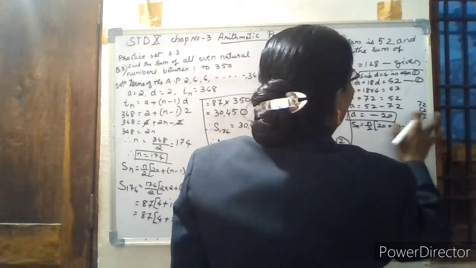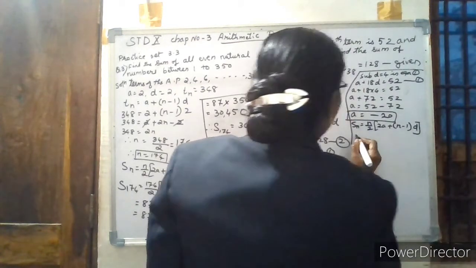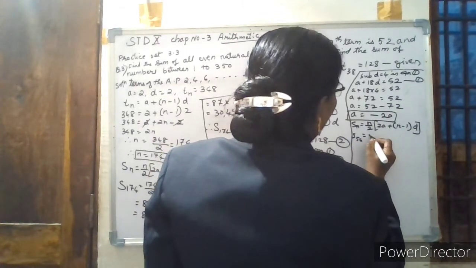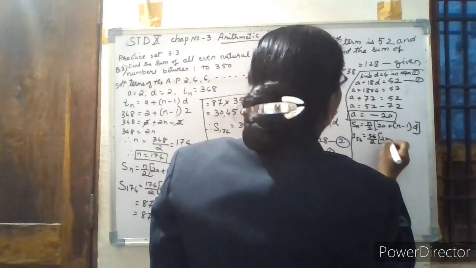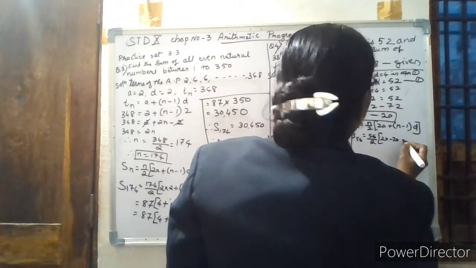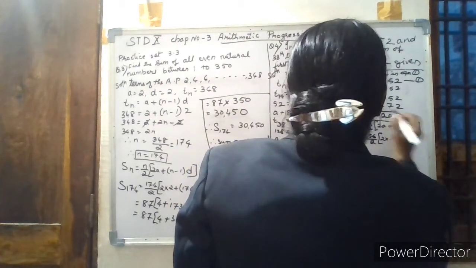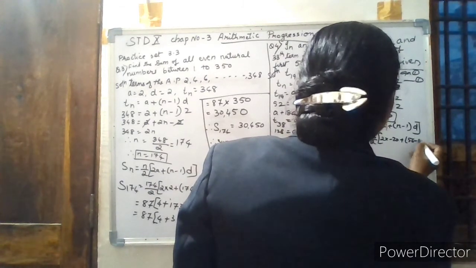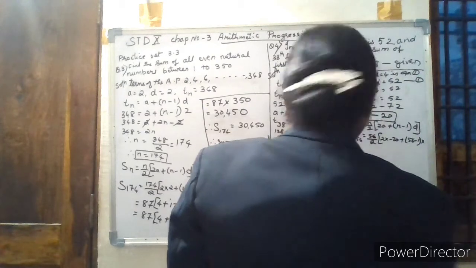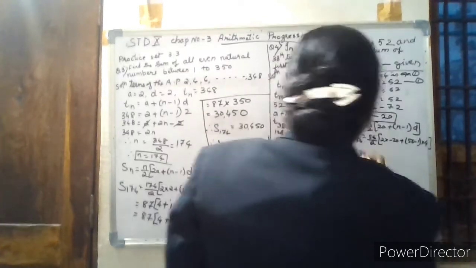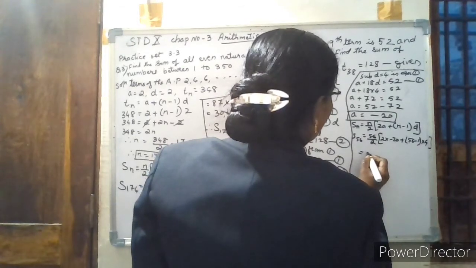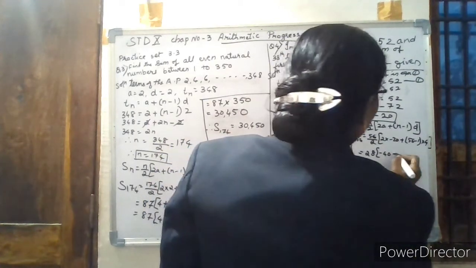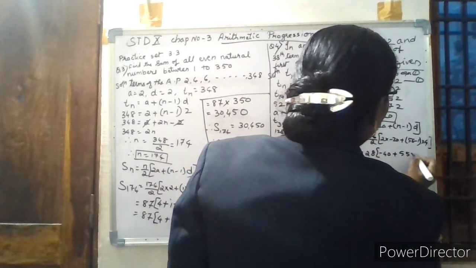So here, the sum of 56 terms is equal to 56 by 2 into 2 into a value, minus 20, plus n, here 56 minus 1, into d value 4.